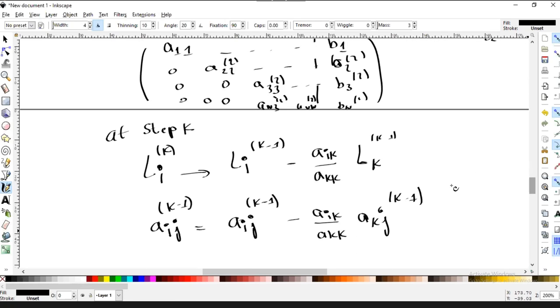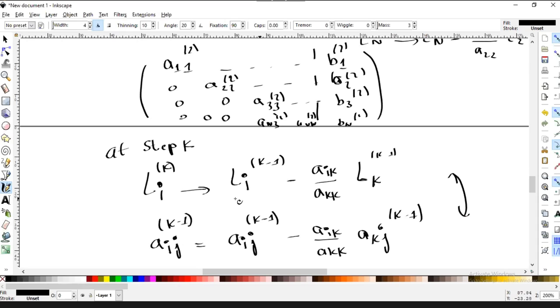So this is the same thing as this, all right? Here you're considering all the matrix elements, right?